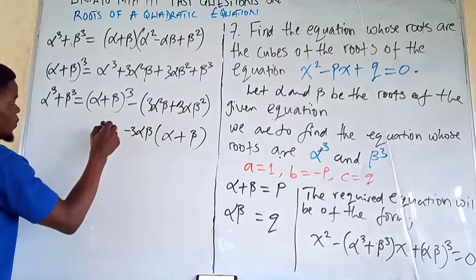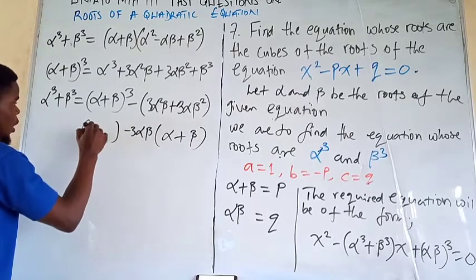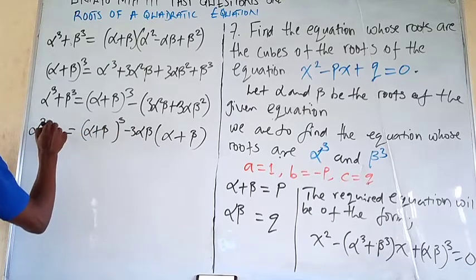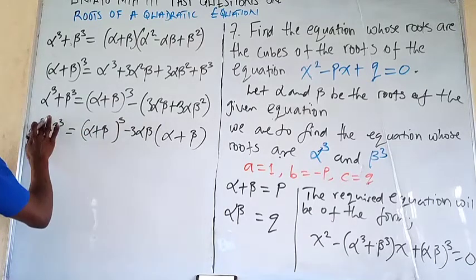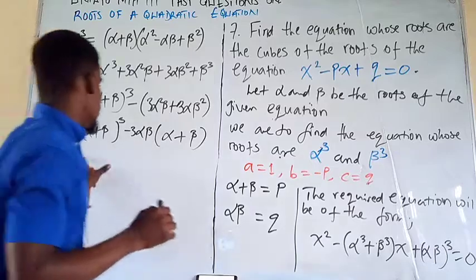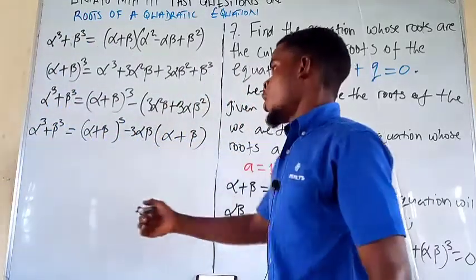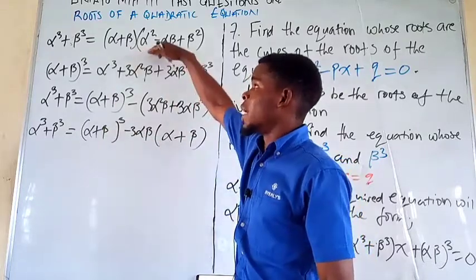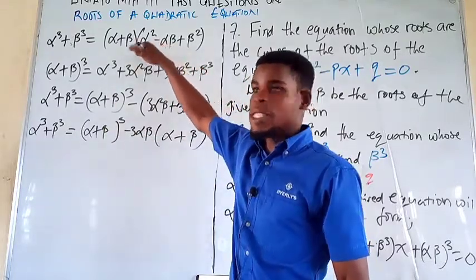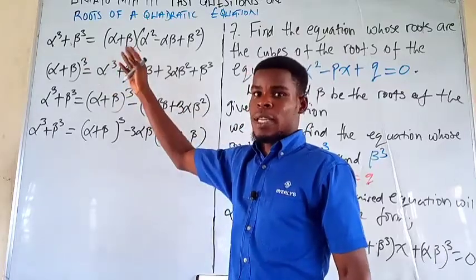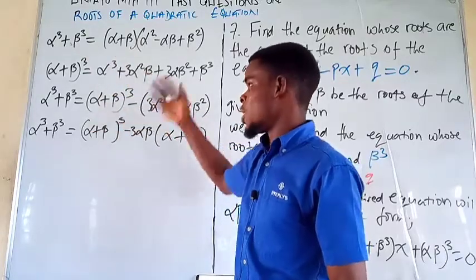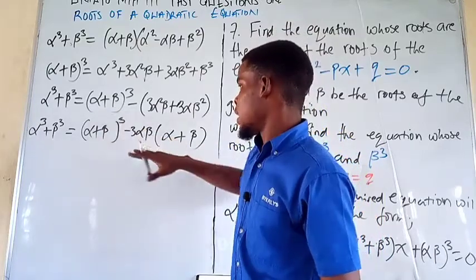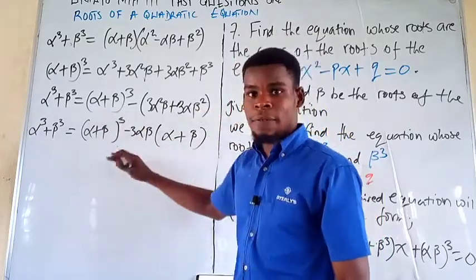And here we just have alpha plus beta all cubed, minus that, equals alpha cubed plus beta cubed. So you see from here now, we can also make use of this. Or maybe you want to go further and reach this form. Let me just show you that, and then I will go back and use whichever one I want. From here you see that this is cubed and this is just a single power, and I can factor that.